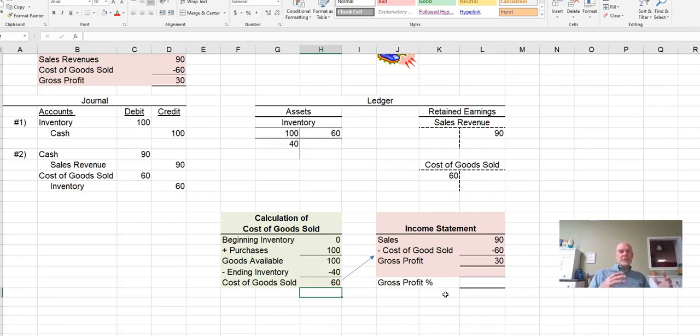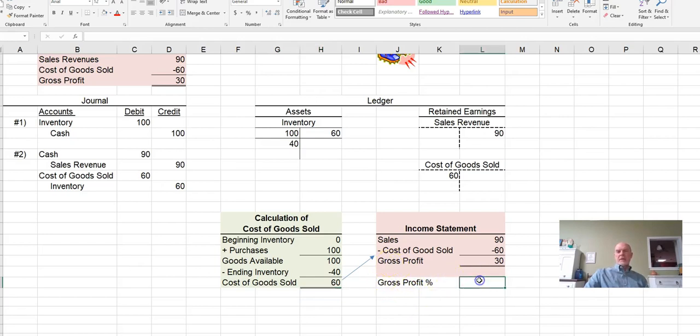As competition comes in and you have to compete for that market demand, you may have to lower your prices. So one thing that companies will monitor very closely is how much of their sales price actually represents that markup, that profit. So we will monitor that with what's called the gross profit percentage.